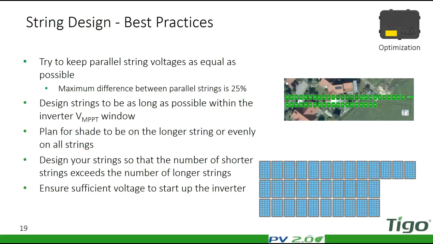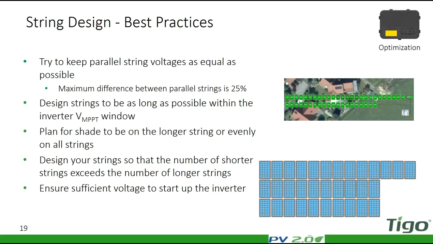For the same reason, if you can, plan the shade to be on the longer strings or evenly distributed amongst all strings. Again, for best practices, it's not like it's not going to work. If you have shade on the shortest string, it's probably going to work just as well.